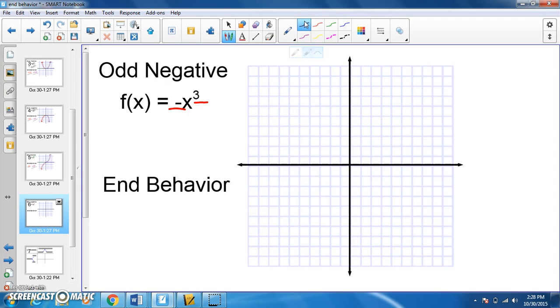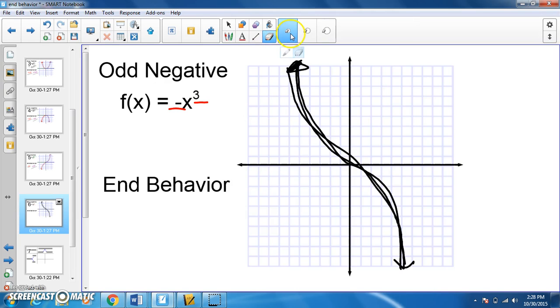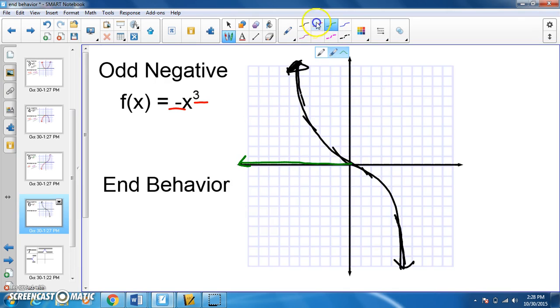So if I sketch our graph, as x is going towards negative infinity, our graph is going towards positive infinity. And as x is going towards positive infinity, our graph is going towards negative infinity.